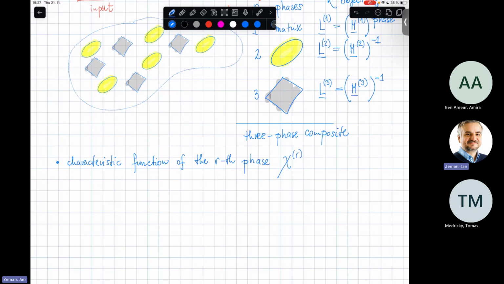It will be for the r-th phase, so this is what I will distinguish by the superscript here, and this will be a very easy function.